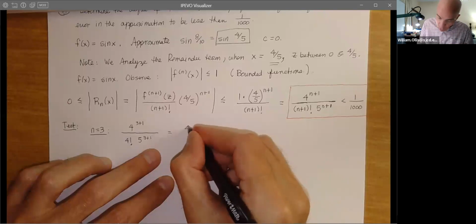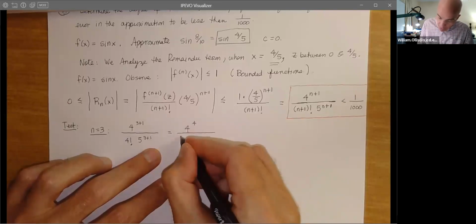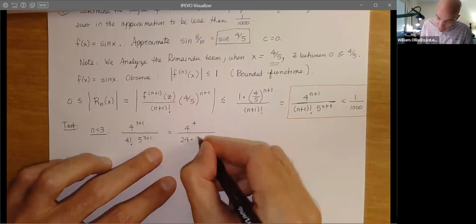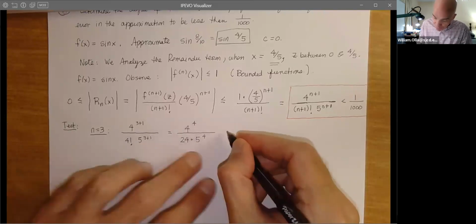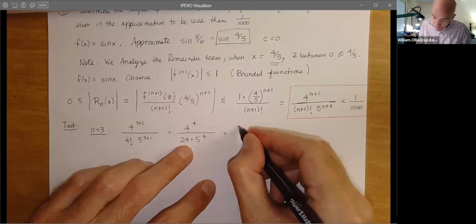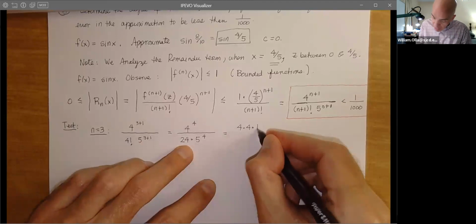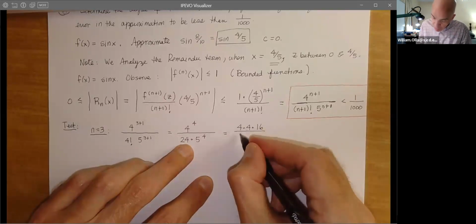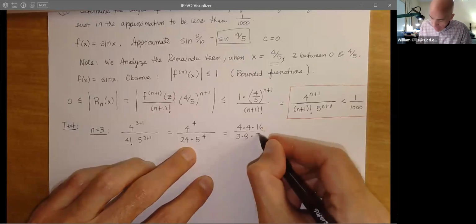So this is 4 to the 4th, and we have 4 factorial, so that's 24, times 5 to the 4th. Now this will be 4 times 4 times 16, and here we just have 3 times 8 times 5 to the 4th.